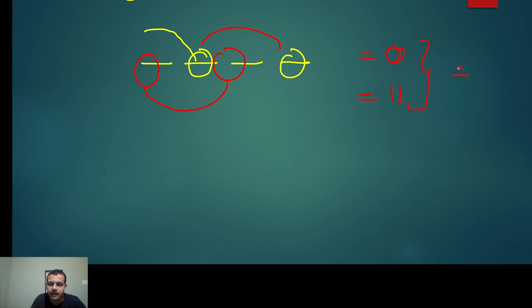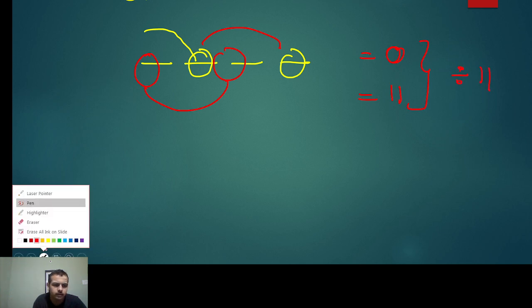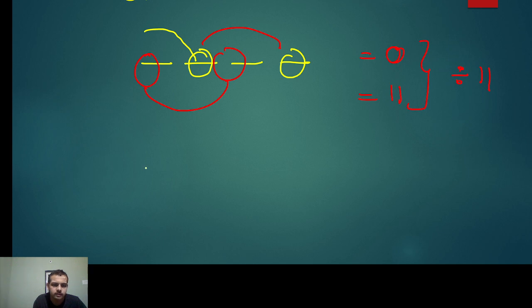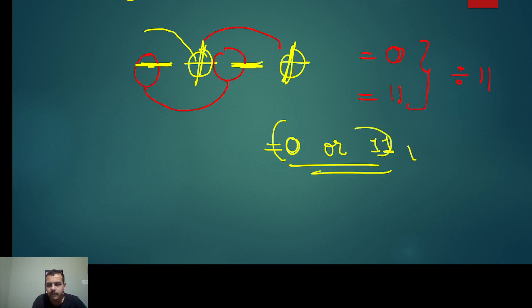Then it will be divisible by 11. You got it? If this number and this number are subtracted, and this number and this number are subtracted, then it should be equal to 0 or 11. Then it is divisibility by 11.